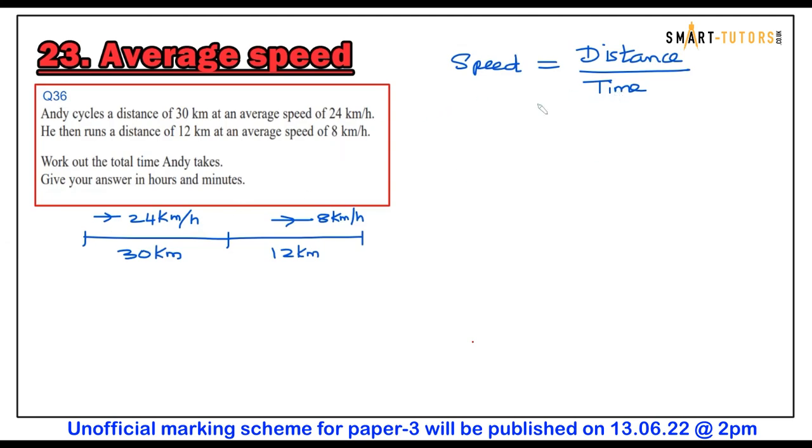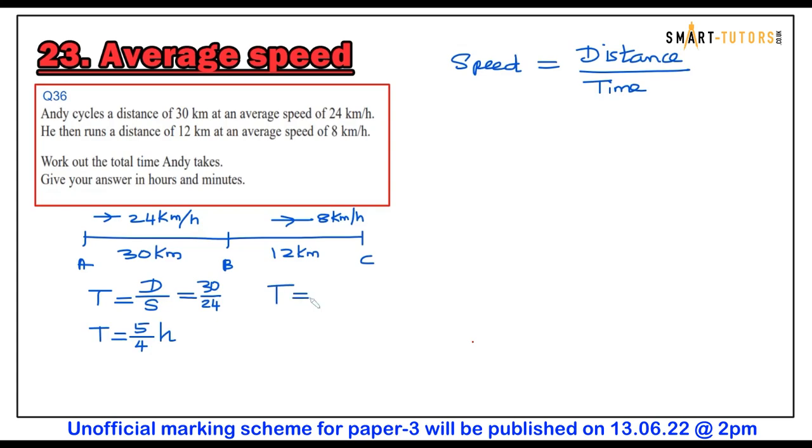Let's say this is A, this is B, this is C. We need to find the time taken for A to B: distance divided by speed. Distance is 30 kilometers divided by 24. If you divide by 6, 6 times 5 is 30, 6 times 4 is 24. So 5 over 4 hours.